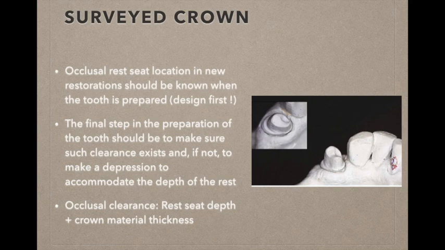If you are not able to get those occlusal reductions, you are not able to design a rest seat over an all ceramic crown's occlusal surface. So this is very important because sometimes if you don't have enough occlusal clearance, then you will jeopardize either your crown strength or your occlusal rest functions.